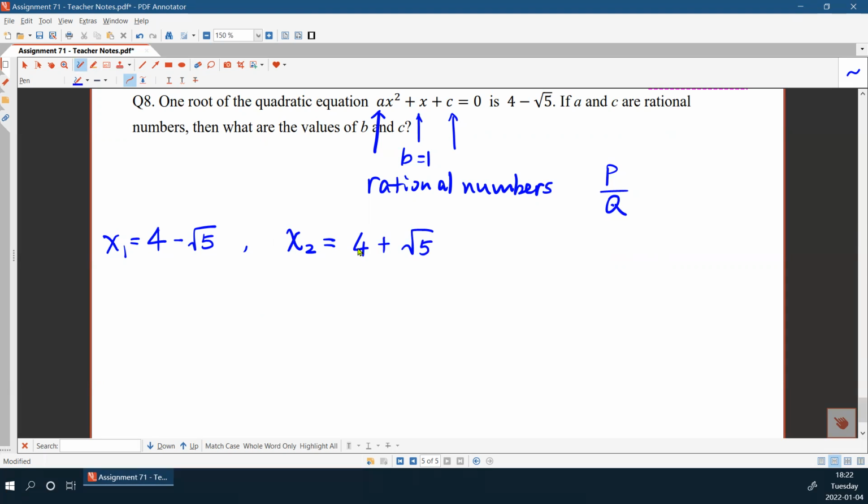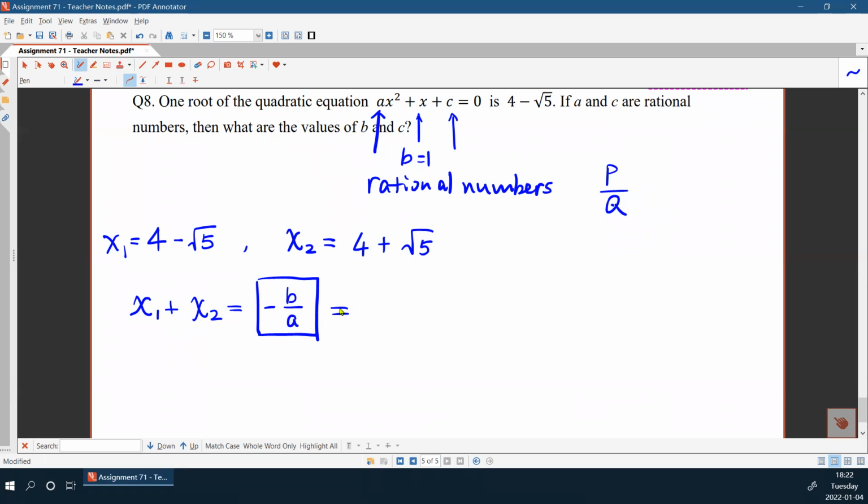Okay. And according to the quadratic formula, you still remember that conclusion? The sum of the two roots equals what? Can you tell me the sum of the two roots is negative b over a, right? We have already learned this.